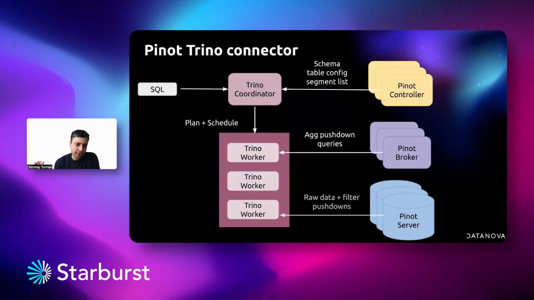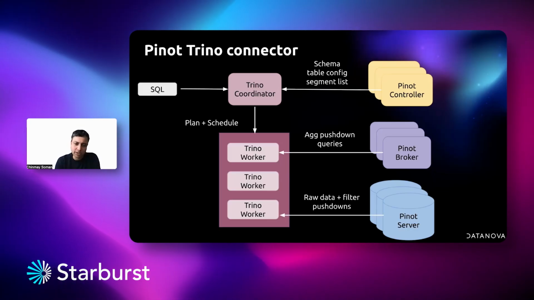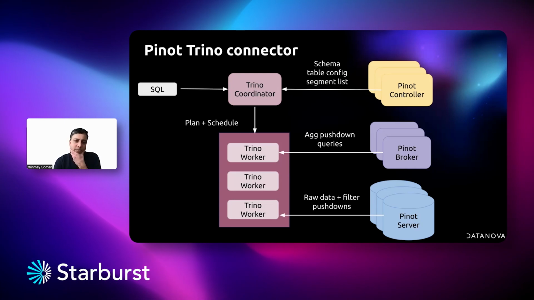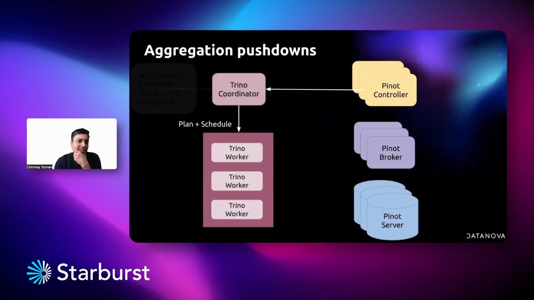In other cases where it's not able to push down the queries to Pinot, it will resort to doing raw data scans directly from the Pinot servers based on the segment list that I mentioned before. So let's take a look at some examples to make it a little more clear.